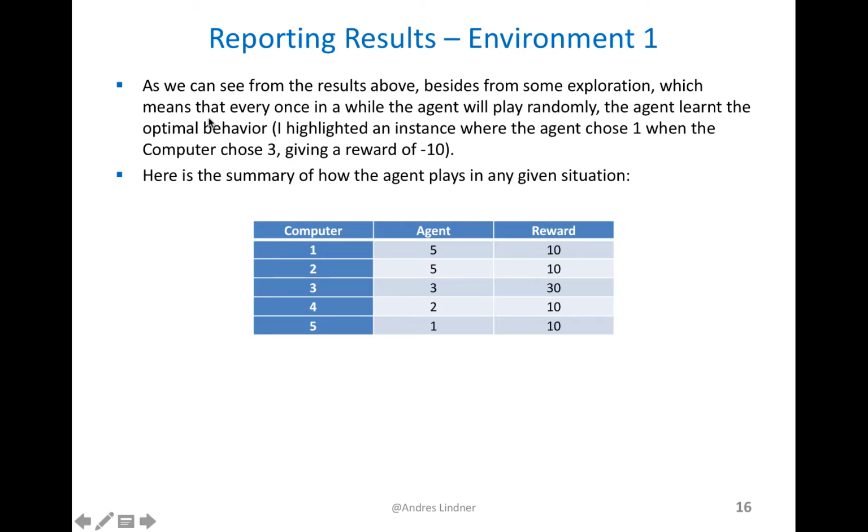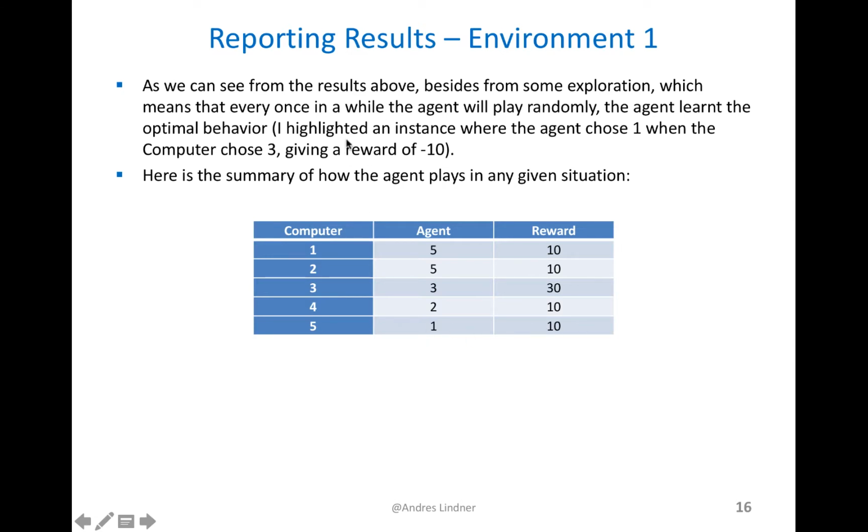Okay, so let's summarize it here. When the computer plays 1, the agent plays 5 and gets a reward of 10. When the computer plays 2, the agent also chooses 5 and gets a reward of 10. When the computer plays 3, the agent gets a reward of 30. When the computer plays 4, the agent plays 2 and the reward is 10, and for 1 it is 10.